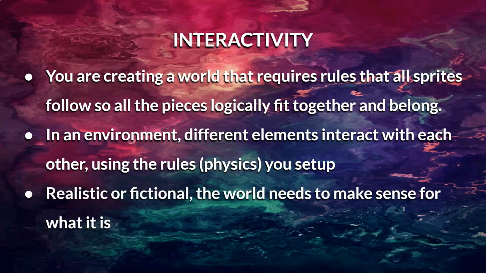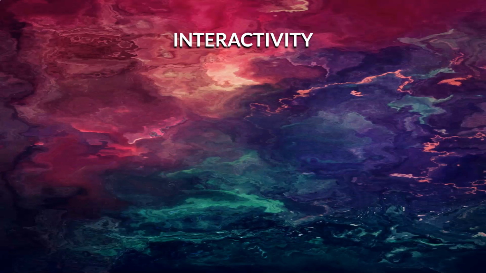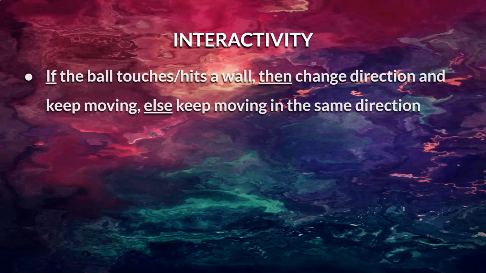So there's the interactivity of elements within the environment, but then there's also interactivity between the user and the actual characters in the game, or the different objects in the game, the sprites. So basically, here we go. If a ball hits or touches a wall, then you want to change direction and keep moving, else keep moving in the same direction.